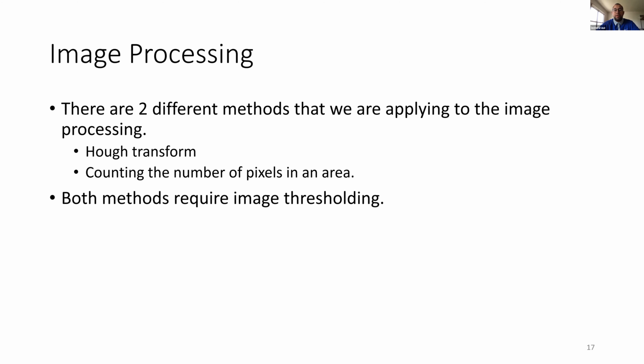We also used counting the number of pixels in the area, which was used at the end of the track. When the drone got to the very end, it would find the landing pad and count how many pixels were in it, and then it would be able to safely land inside the pad. Both of these methods used image threshold.